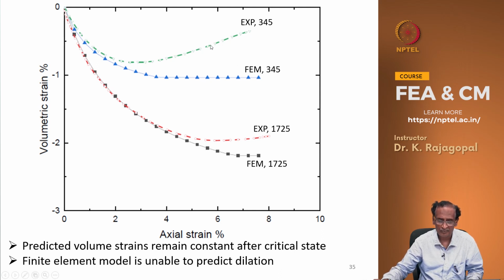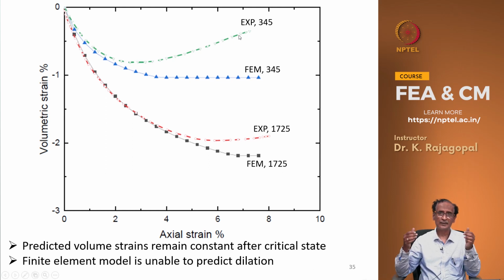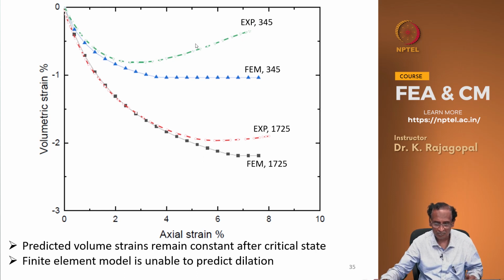The slope at a lower confining pressure is higher, that means you get more dilation, whereas at a higher confining pressure you do not get too much dilation, because the confining pressure is so much that the soil cannot expand much, and this particular one is the finite element predicted volume change data.